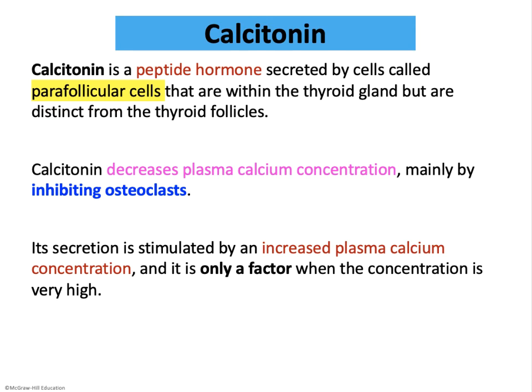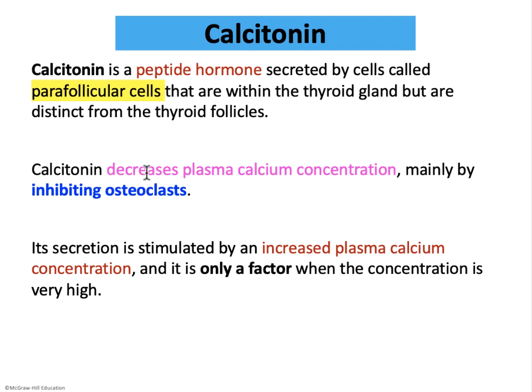In the table to do with bone, a few slides back, we looked at something called calcitonin. Calcitonin is a small peptide hormone that happens to be released by the parafollicular cells, which are located in the thyroid gland, but they are distinct from the follicular cells in the thyroid.